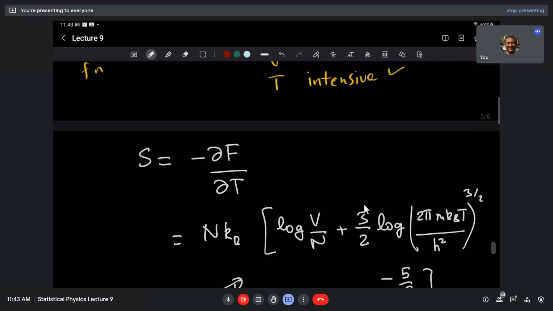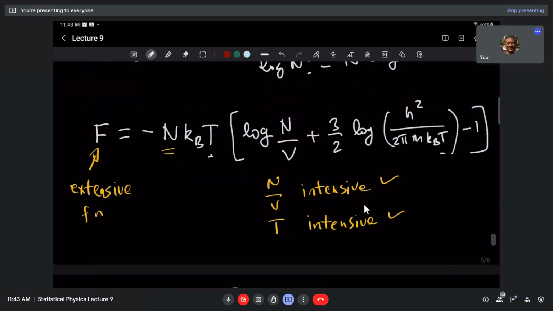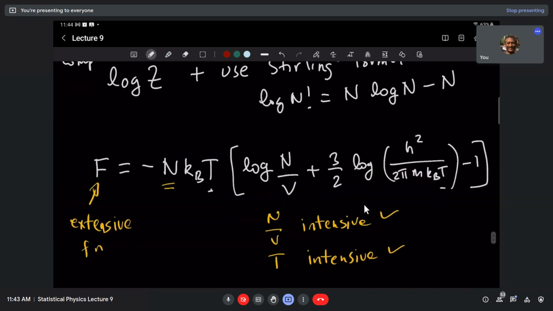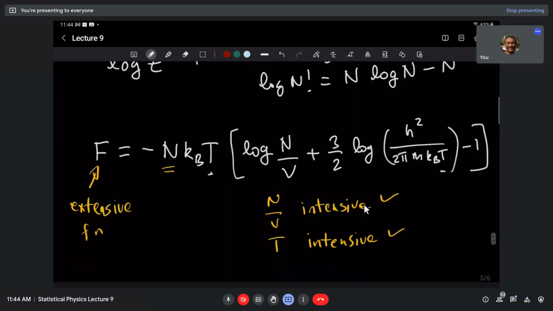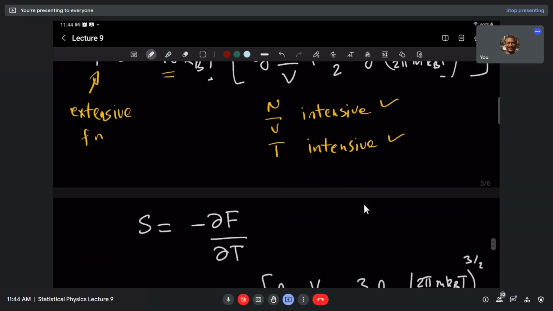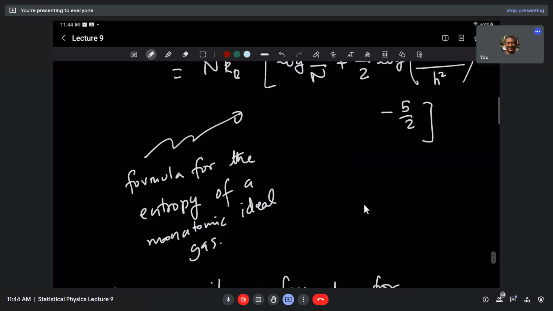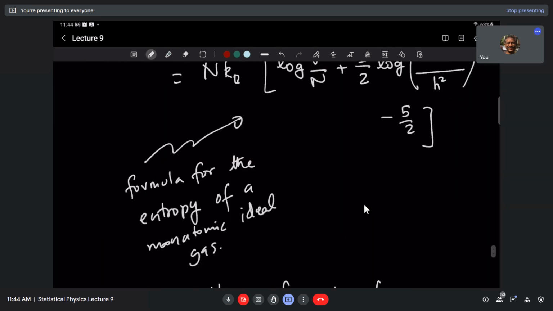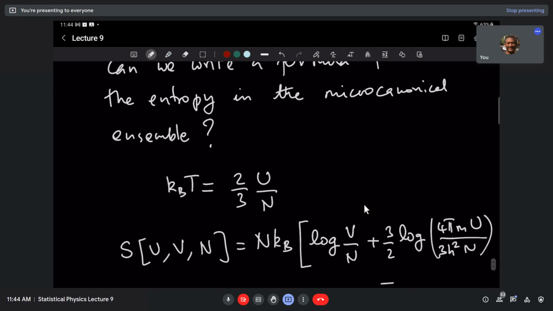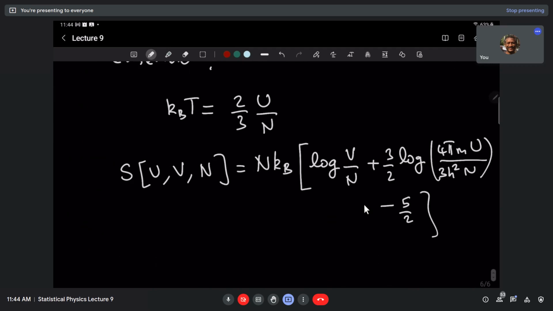By the way, I made a mistake. There's a sign error. We have, so this is the formula for the entropy in the microcanonical ensemble.